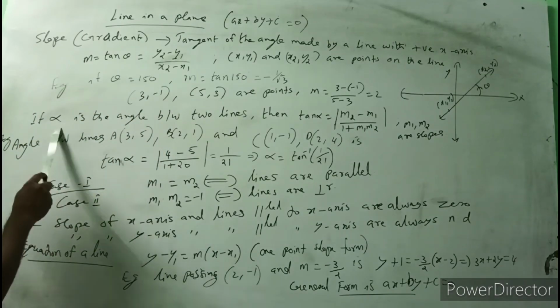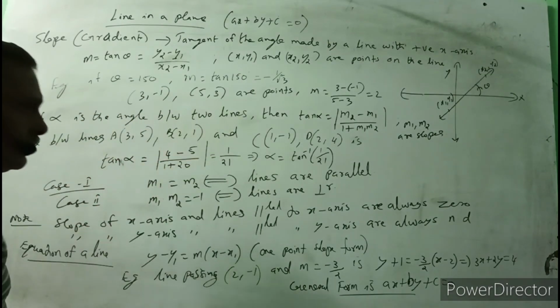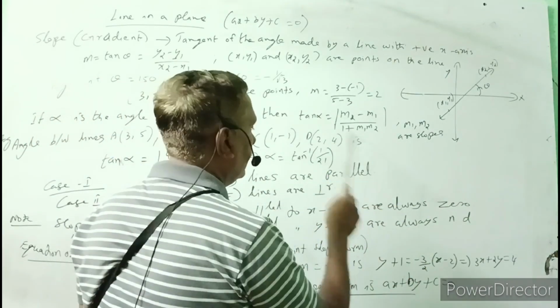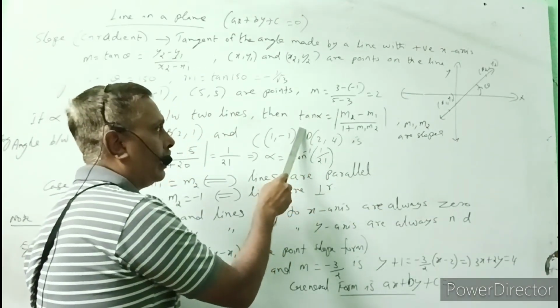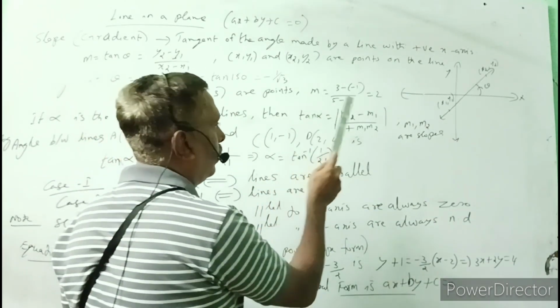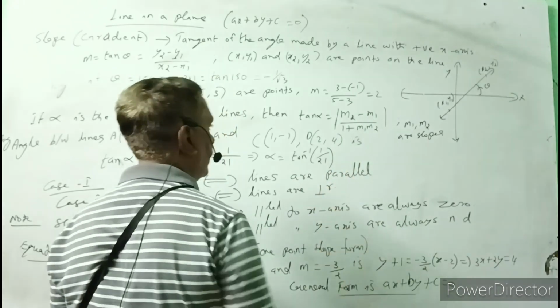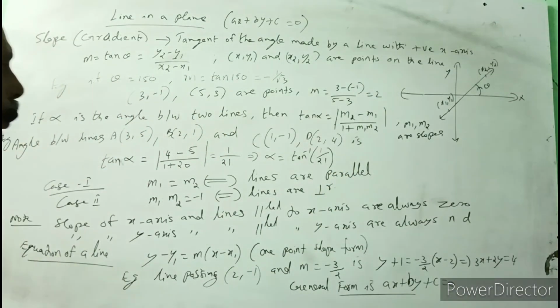This is the formula. If alpha is the angle between any two lines, then the formula to find out the angle between them is tan alpha equal to m2 minus m1 upon 1 plus m1 m2, where m1 and m2 are the slopes.